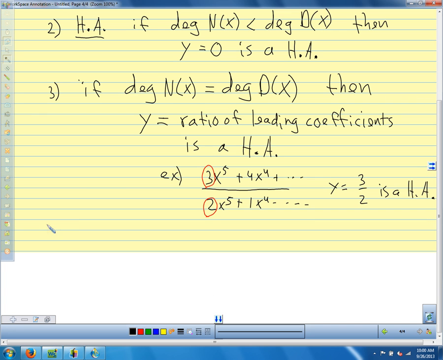Our last rule is kind of a non-rule. If the degree of the numerator is greater than the degree of the denominator, we have no horizontal asymptote.